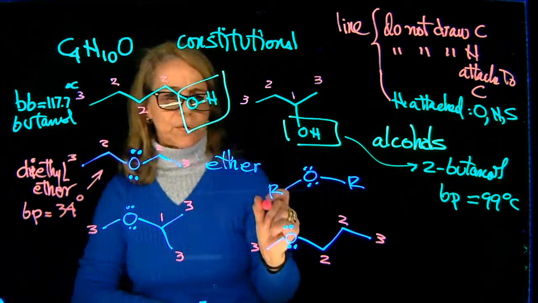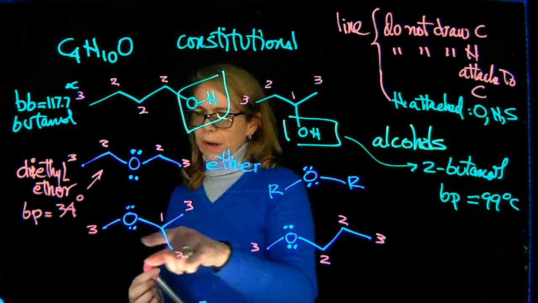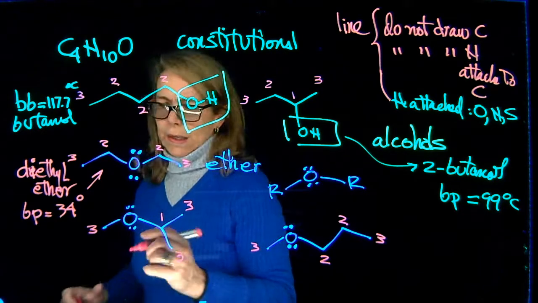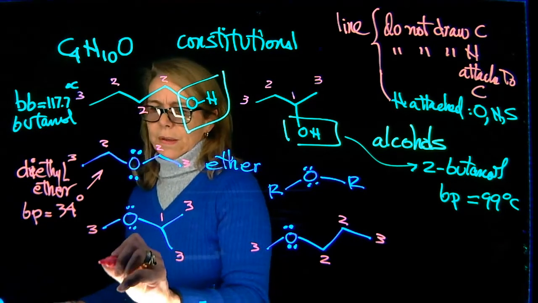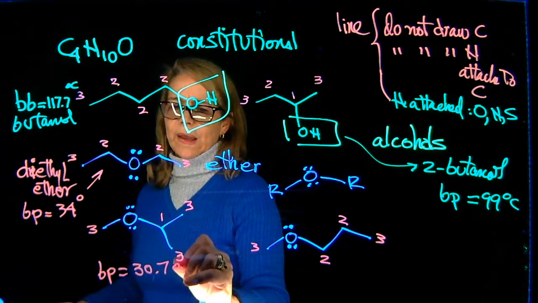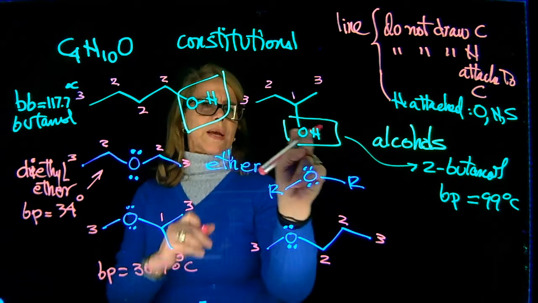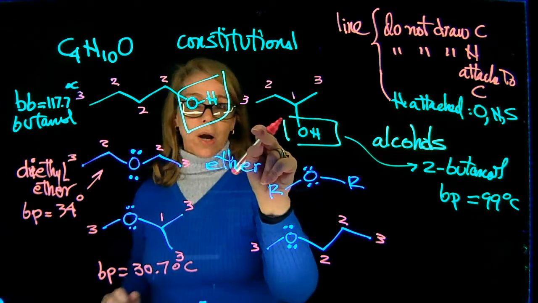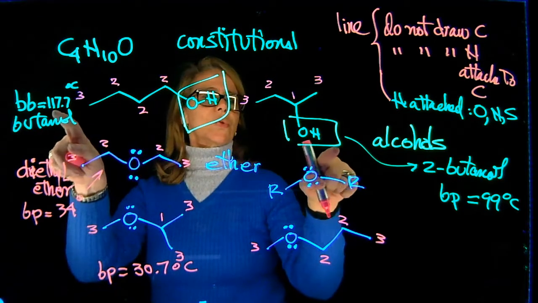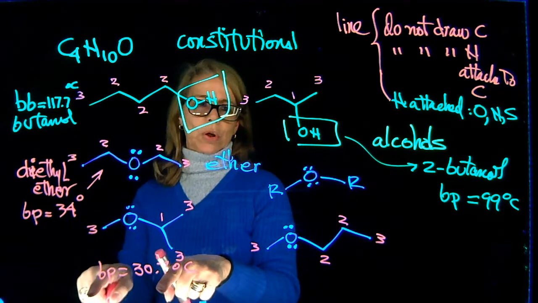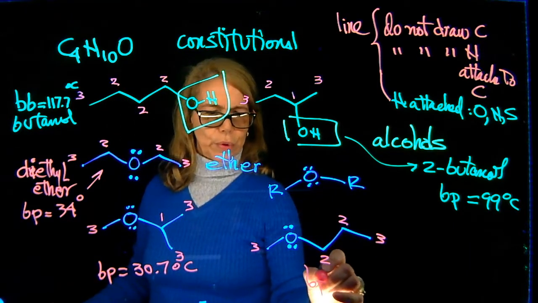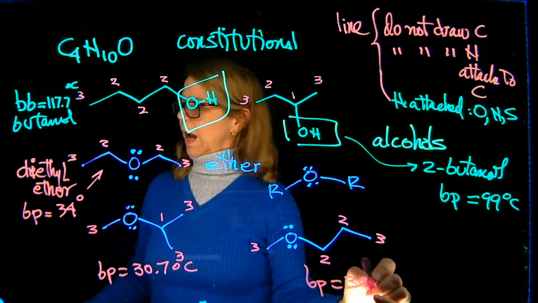It can evaporate super easily. Now here I have methyl isopropyl ether, and for that the boiling point is 30.7. Last ether here, I have the boiling point of 39.